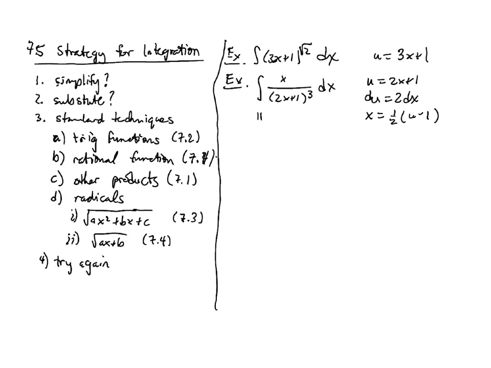I'm off by a 2 for my dx, so I need a 1/2 on the outside. So we get 1/2 antiderivative of my x expression, (1/2 u minus 1/2). There's my 2 dx, which is du, and then I have u cubed on the bottom. And so that's one that I can then simplify and integrate term by term.